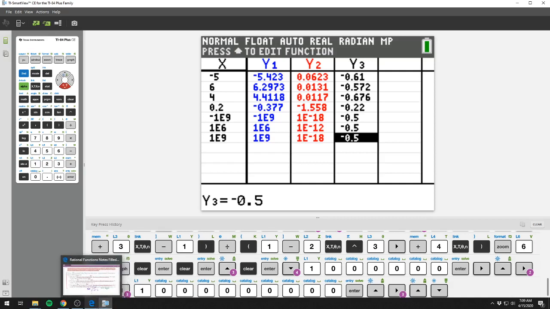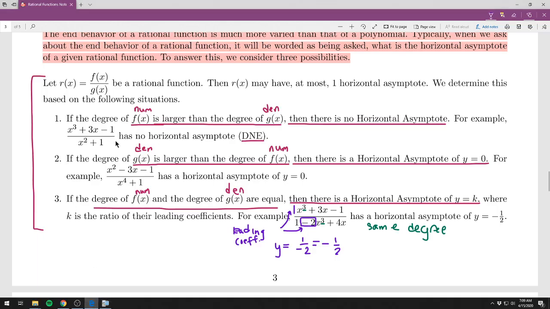So that's how we can look at horizontal asymptotes on graphs. Definitely, when you have one and you have to look at this ratio, you really got to know what you're looking for to get it right. It's definitely best just to do it algebraically, but you can use your calculator to confirm it.